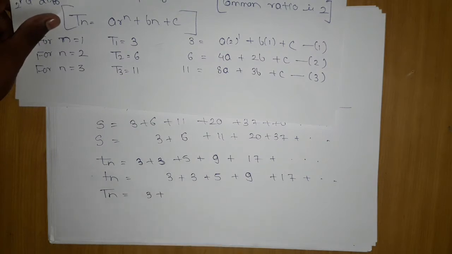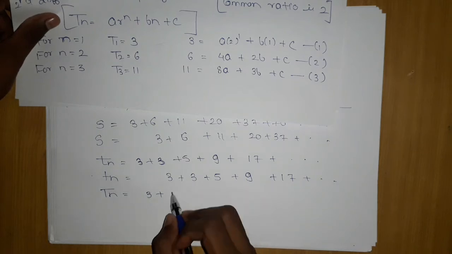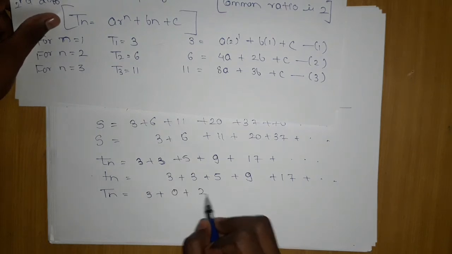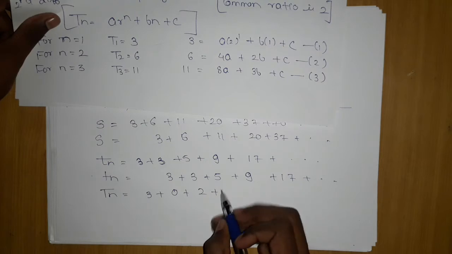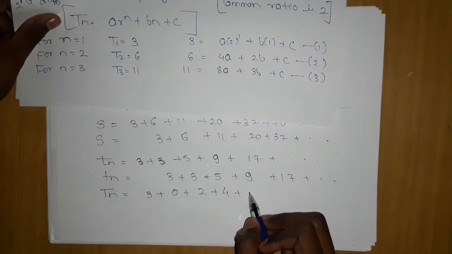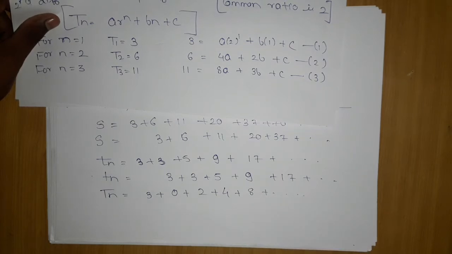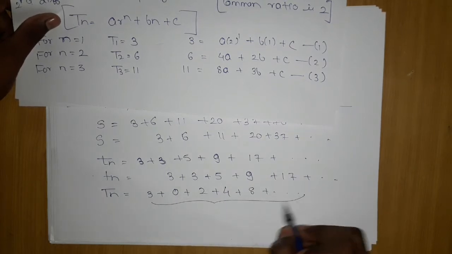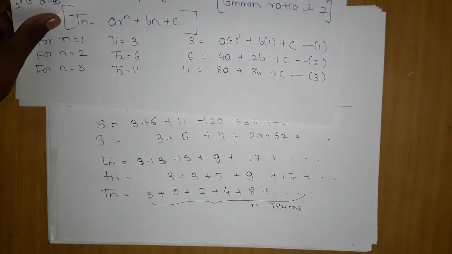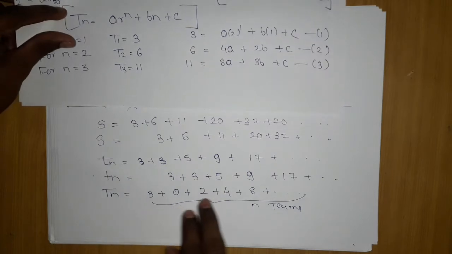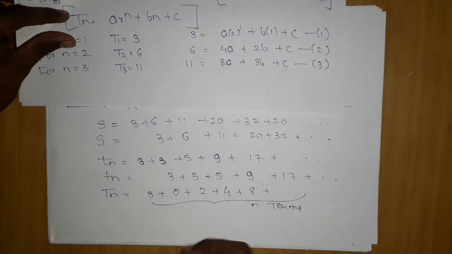This will become 0, 2, this will become 4, this will become 8 and so on. Total n terms, but what is the thing we are getting, that it is in what Tn.